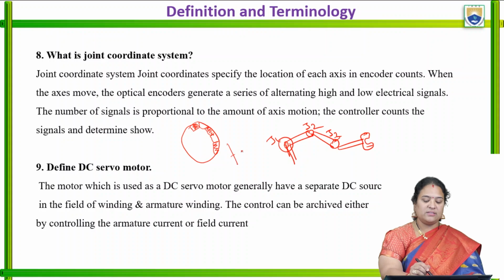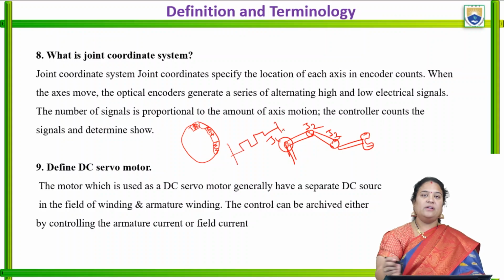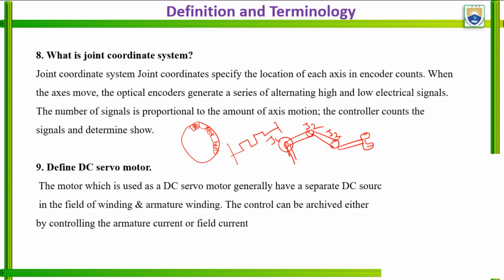So here the number of signals is proportional to the amount of axis motion, where the controller counts the signals and determines the position.